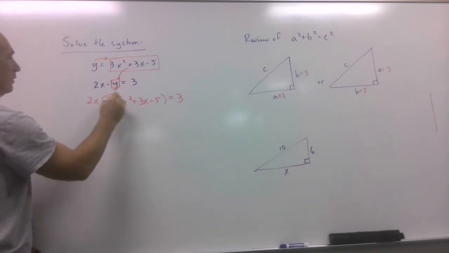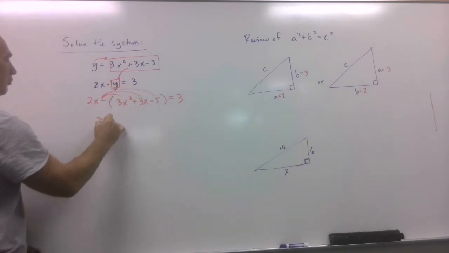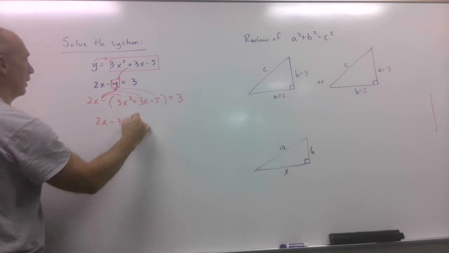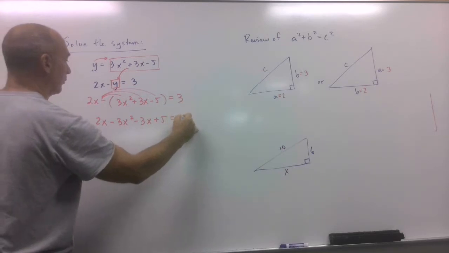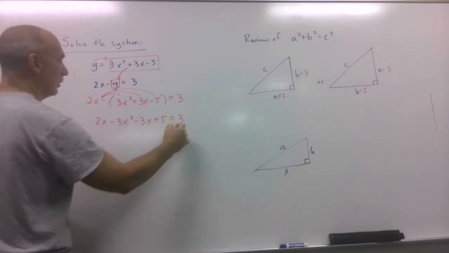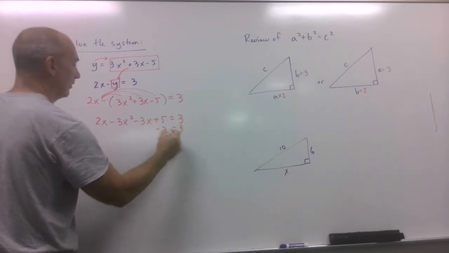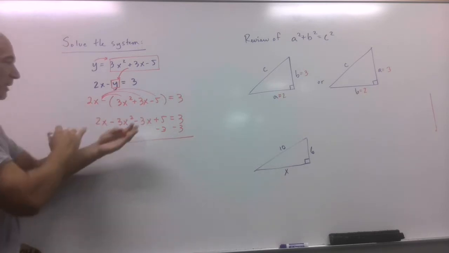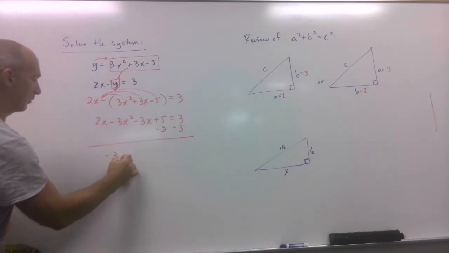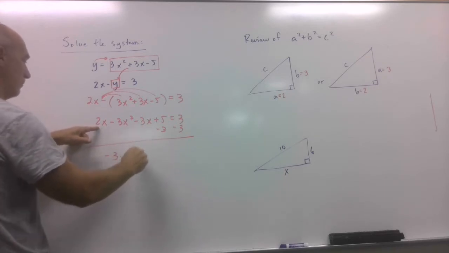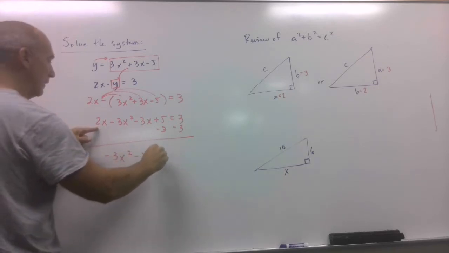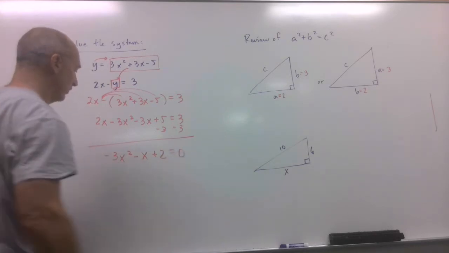So if I distribute, I get 2x minus 3x squared minus 3x plus 5 equals 3. Now I can see this is a trinomial, so I'm going to set it equal to 0 and rearrange my terms. Negative 3x squared, and then here and here I've got minus x, and then plus 2 equals 0.